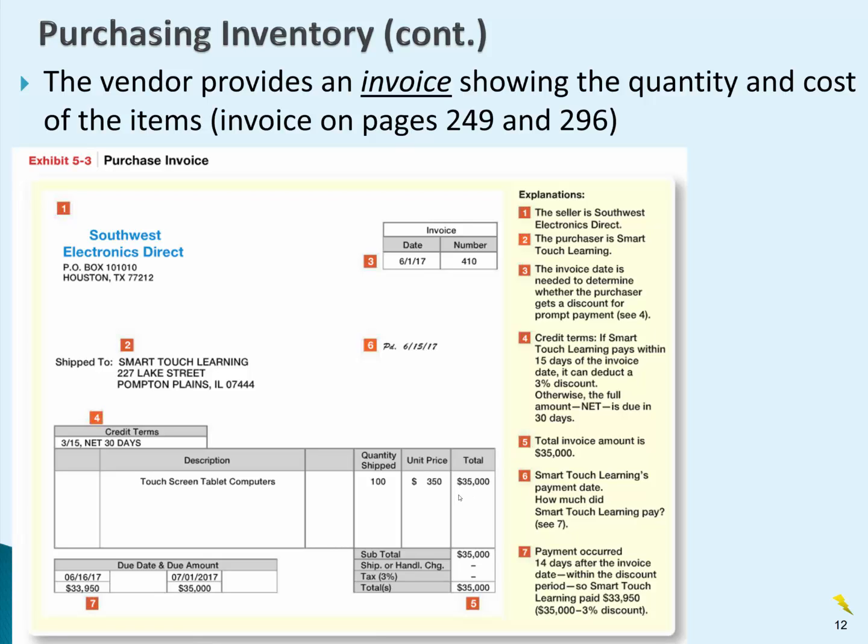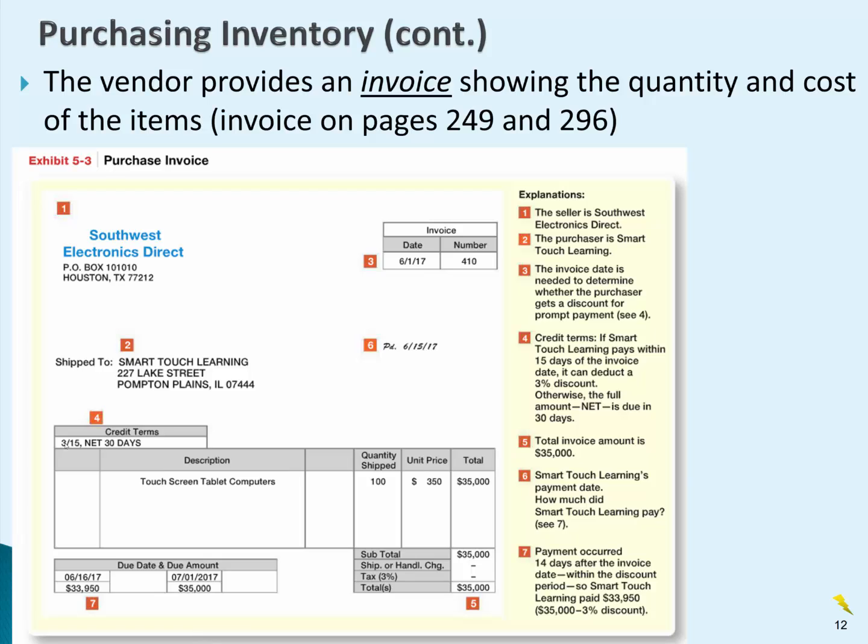So when we purchase this on account, the cost of our inventory would be this total down here. So if there was shipping, we would still use the total. If there was handling, we would still use the total as the cost of inventory and place that in our inventory account. Now down here, sometimes the seller will be nice to you and calculate how much is due depending on what dates you pay.